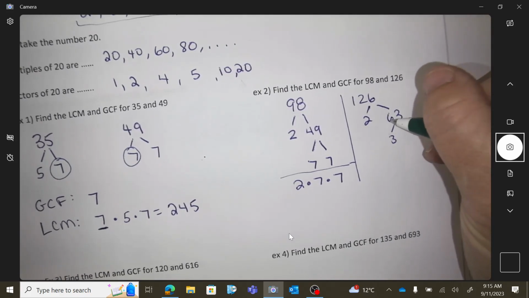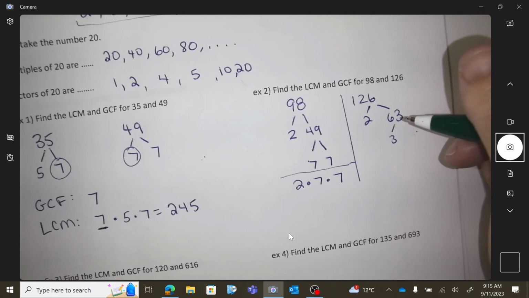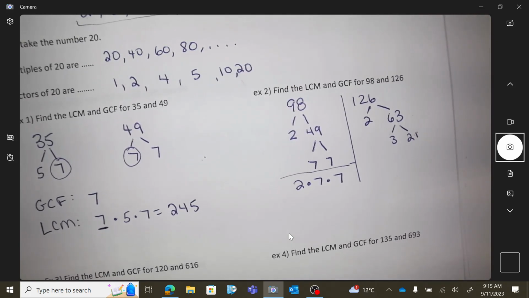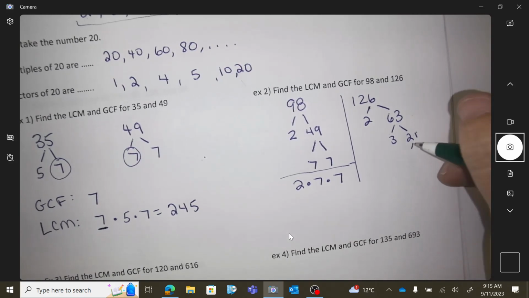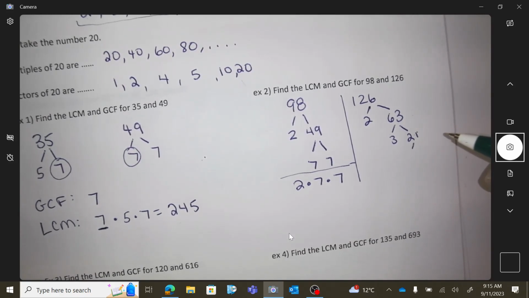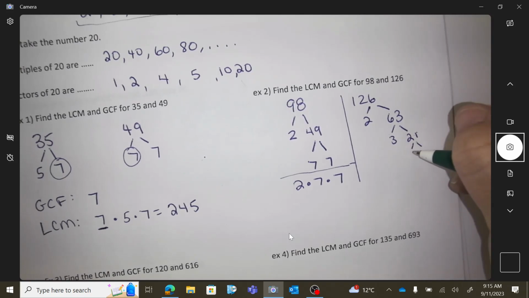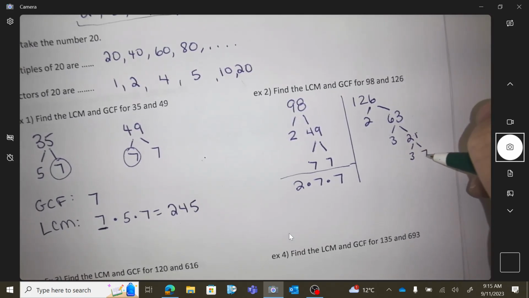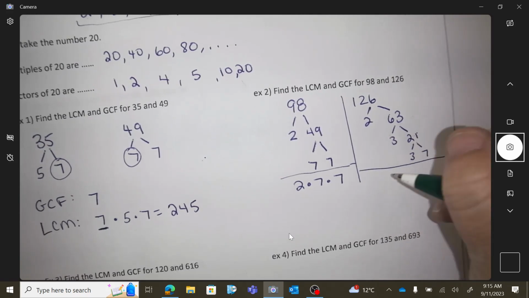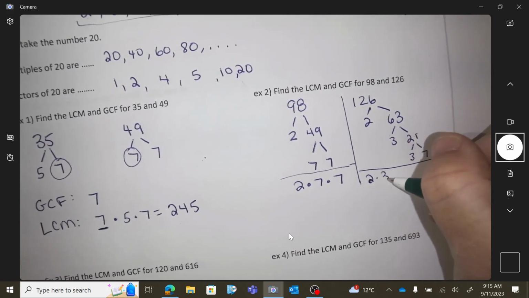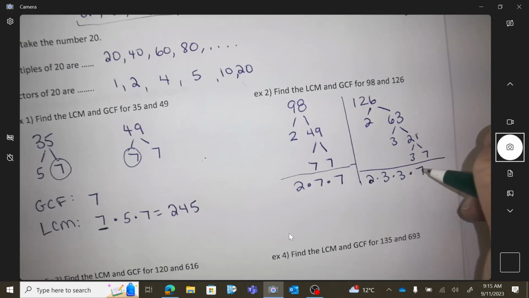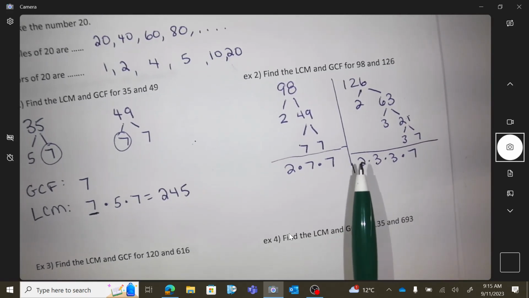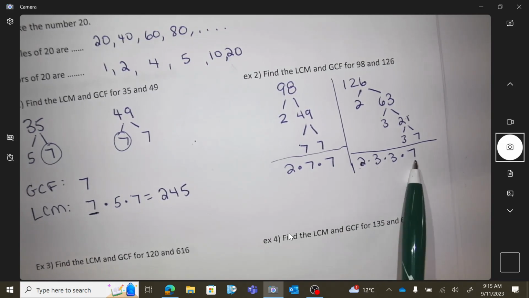Yes, because 6 plus 3 makes 9, so that should be divisible by 3. 3 times 21. 21, a 3, right? 3 times 7. So we ended up with the prime numbers 2 times 3 times 3 times 7.